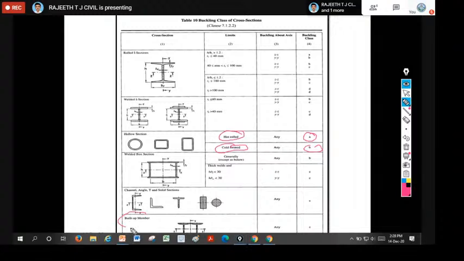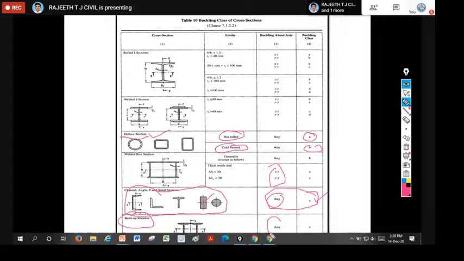Similarly for built-up members, channel sections, T sections, and circular sections having full area, full volume, whereas hollow sections are different. For these, we can provide the buckling class as class C for any axis, whether it is the zz axis or yy axis.